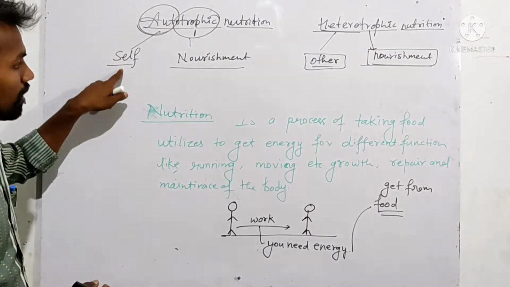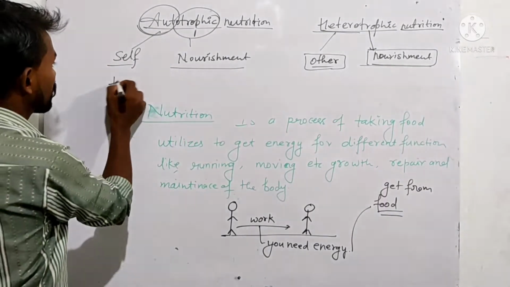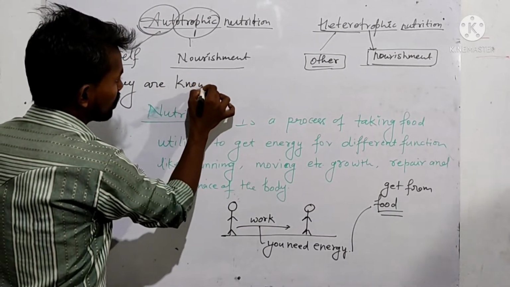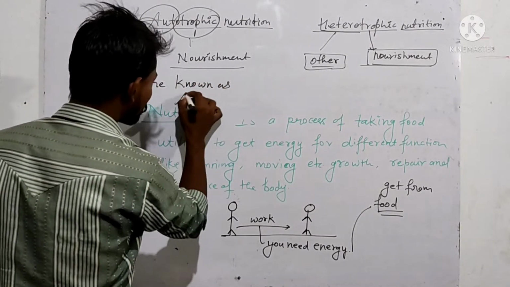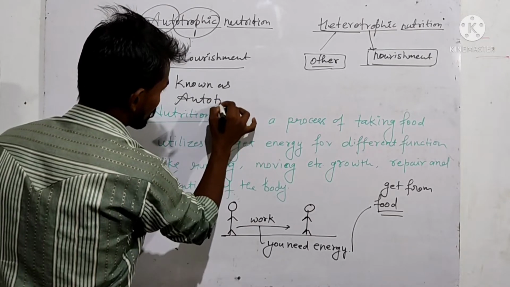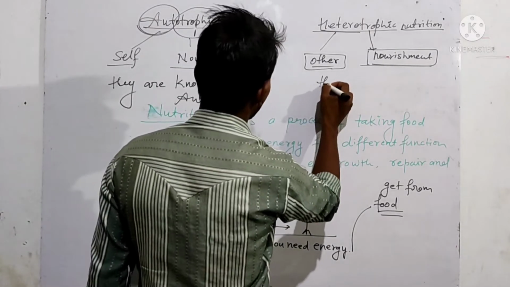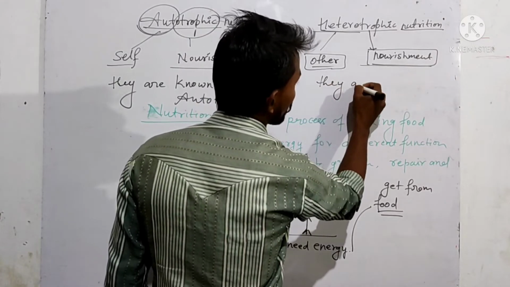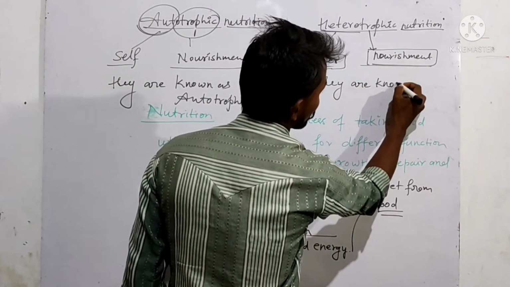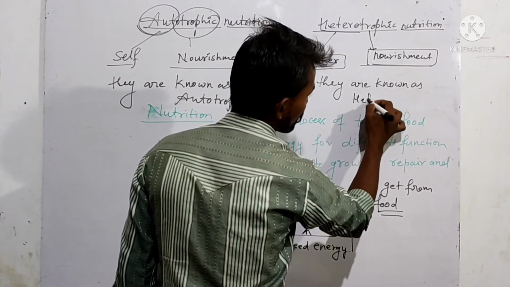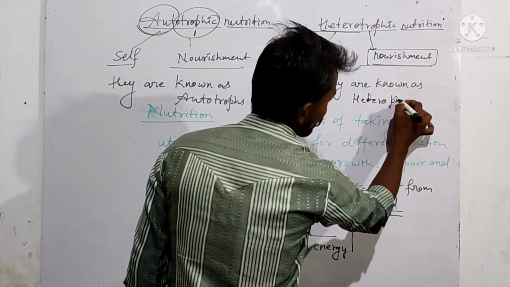They are known as autotrophs, and they are known as heterotrophs.